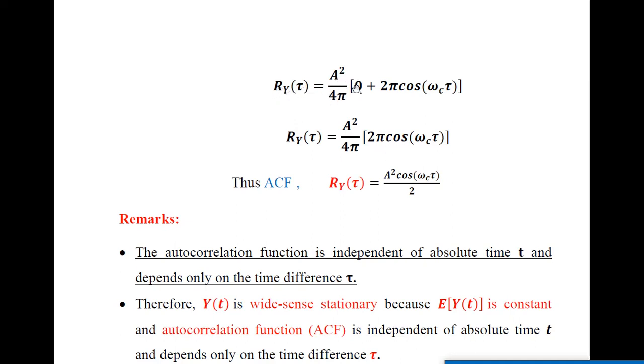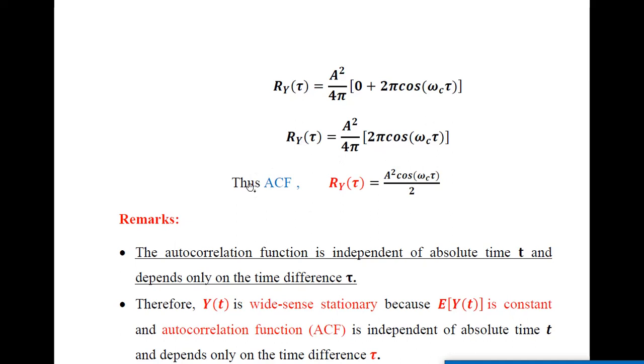The first term resulted in 0, plus the second term is 2 pi into cos omega c tau. Finally we obtained an equation for the ACF. ACF is the autocorrelation function, denoted by R_y of tau in this example. This is equal to A square into cos omega c tau by 2.